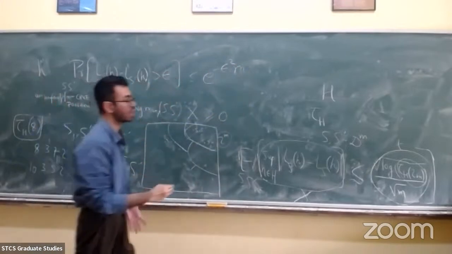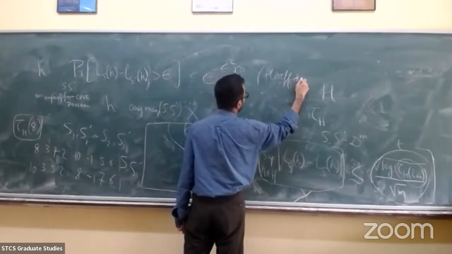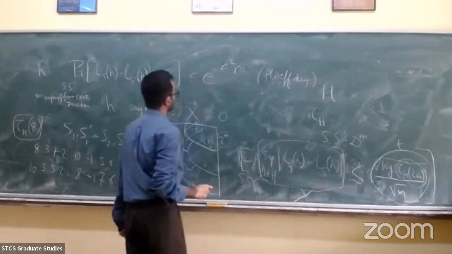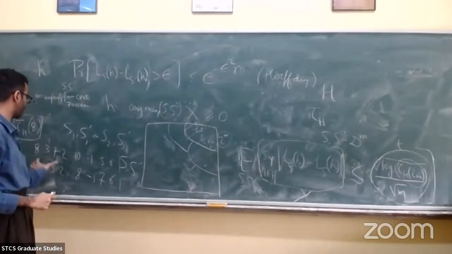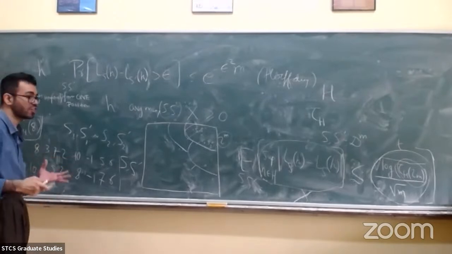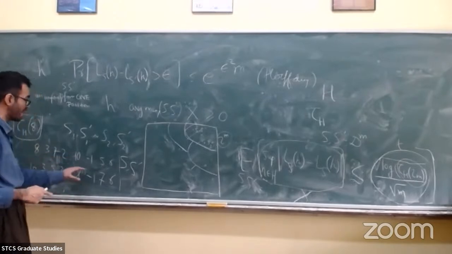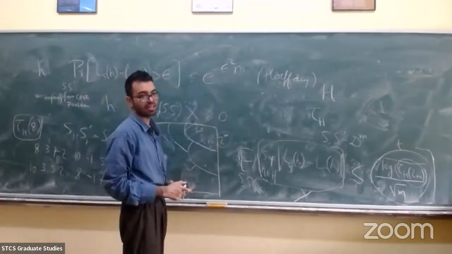This you will get using Hoeffding, and you get it using this shuffling, right? So you do this shuffling here. For every index you toss a coin: if heads, I switch, otherwise I don't switch. Essentially, I'm averaging over m coin tosses, and that's how you get something like this.